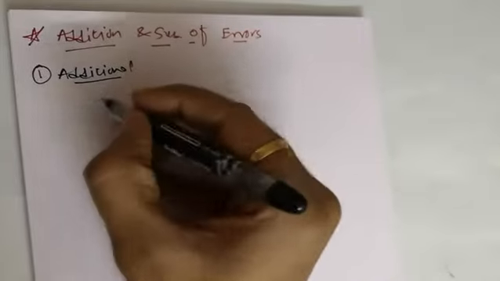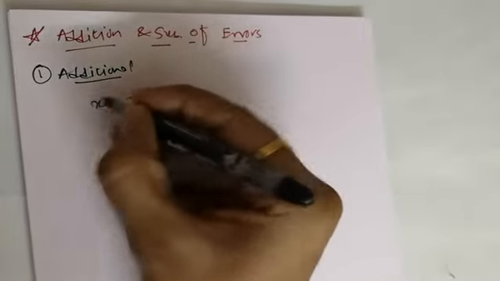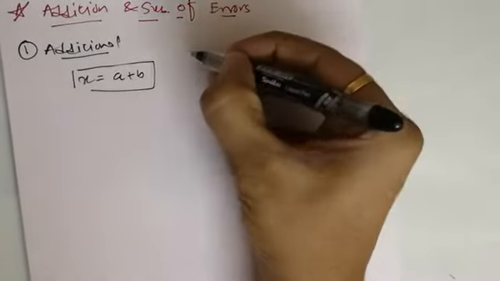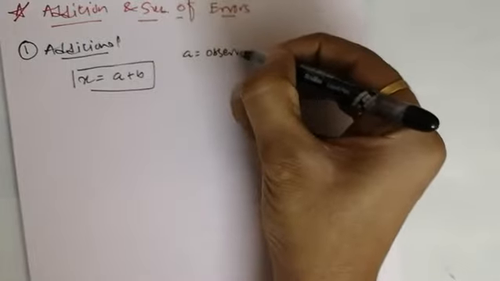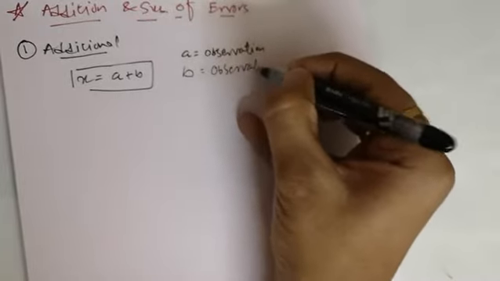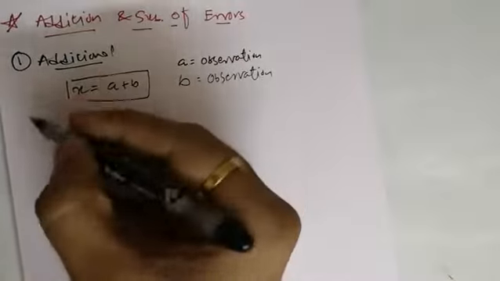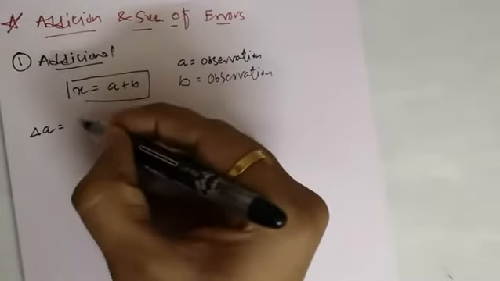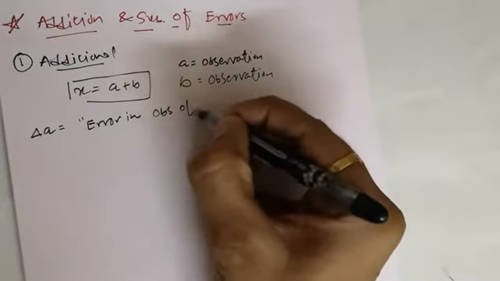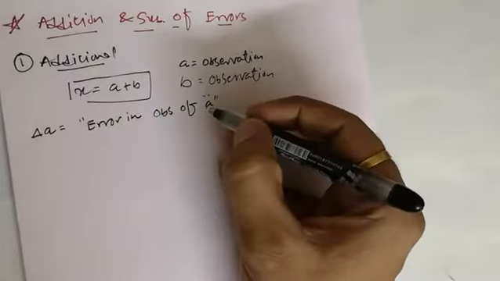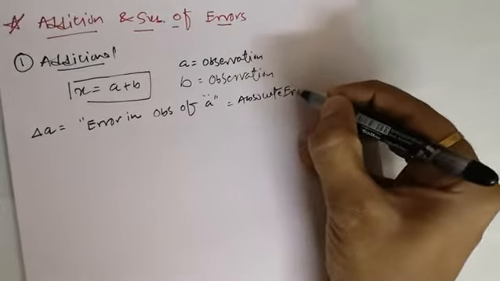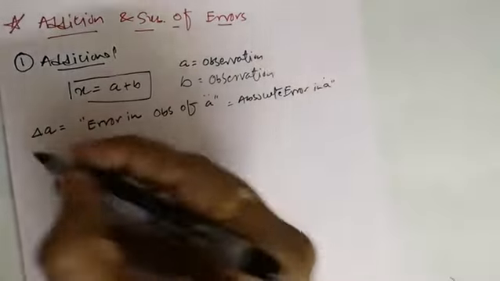In this addition rule, first of all, let's say I have one observation x equals a plus b. So you can say that a is one observation and b is another observation. Let's say delta a is called the error in observation of a, or you can say that it is called the absolute error in small a.